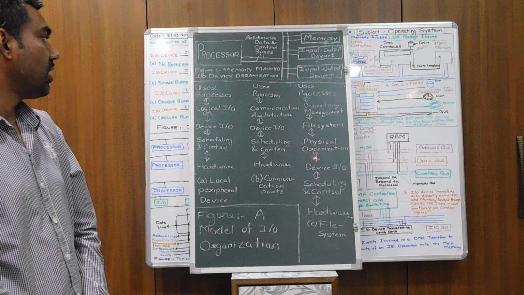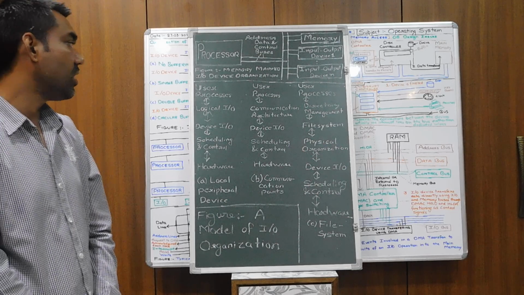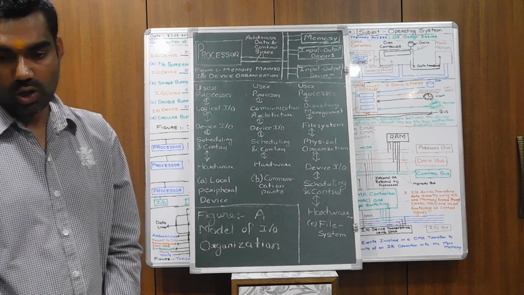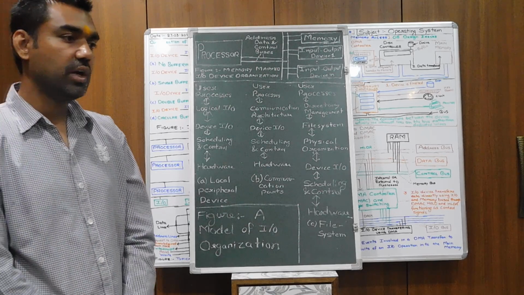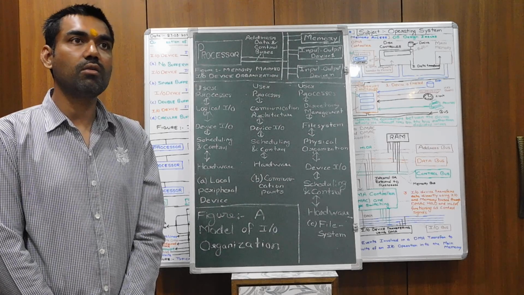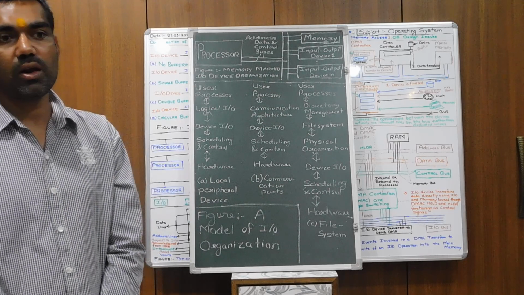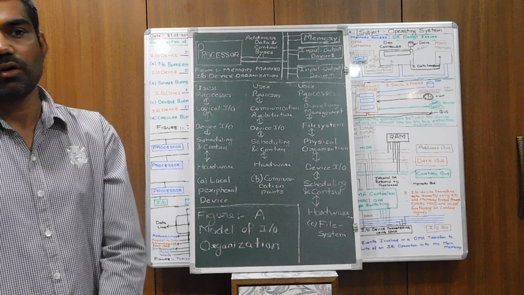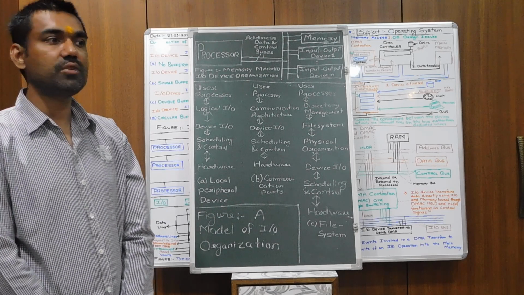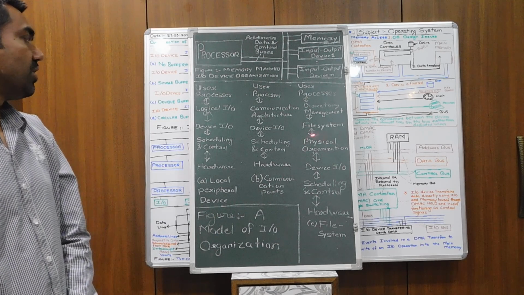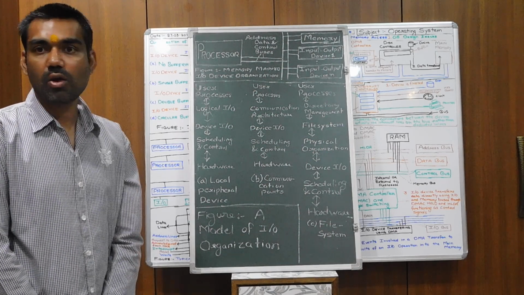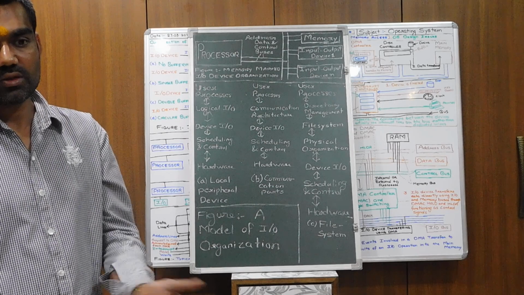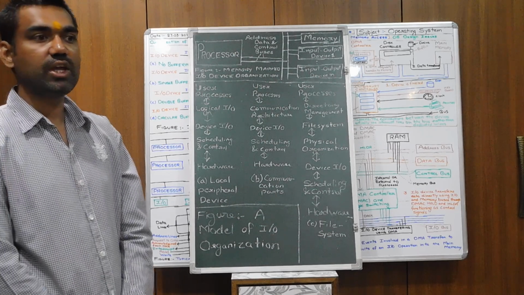And then we have the physical organization. We already had a discussion on that. When you are thinking of virtual memory, then logical to physical translation is supposed to take place. Now here, when you are considering a file system, then also the transformation has to take place.